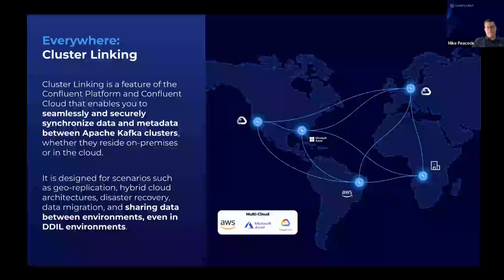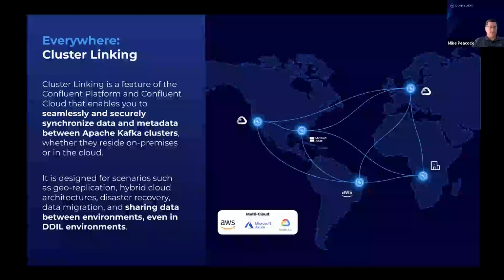A big piece of that is a capability we have called cluster linking. Like I said earlier, this was designed to be able to just link one cluster to another. Originally designed for something like a disaster recovery use case, to keep maybe a hot and a standby cluster, or double HA, from a DR perspective, or just sharing data across multiple environments.